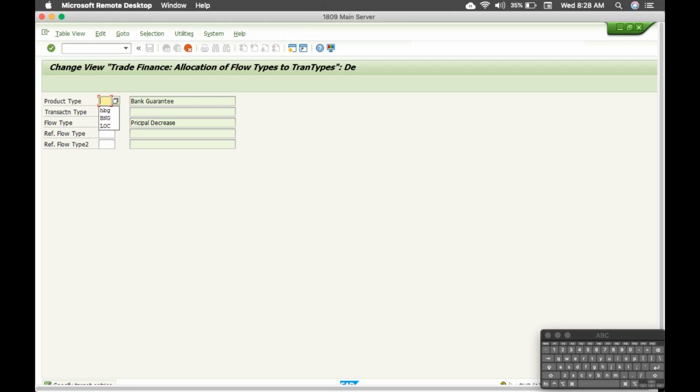See, one is principal increase, principal decrease, then fees on total amount, fees on presented amount, fees on available amount, fees on overdraft, payment obligations, acceptance payments, remaining credit amount, other charges.